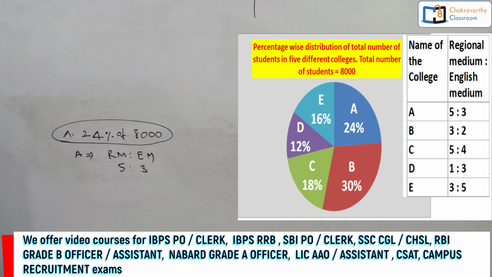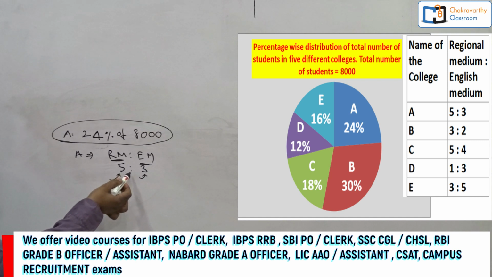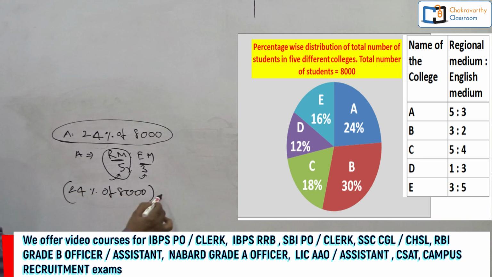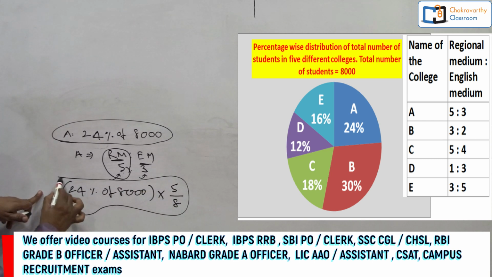So out of these students, 5 parts from regional medium and 3 parts from English medium. If they ask you how many students are there in college A from regional medium, you must say that number equal to 24% of 8,000 into regional medium is 5 parts out of 5 plus 3, 8 parts.